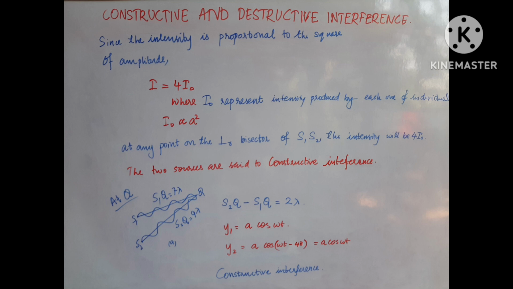That is why 4 pi comes here. So again a cos omega t minus 4 pi is equal to a cos omega t. So again it is constructive interference. So both these points, the first point and the second point, show points where we have constructive interference.